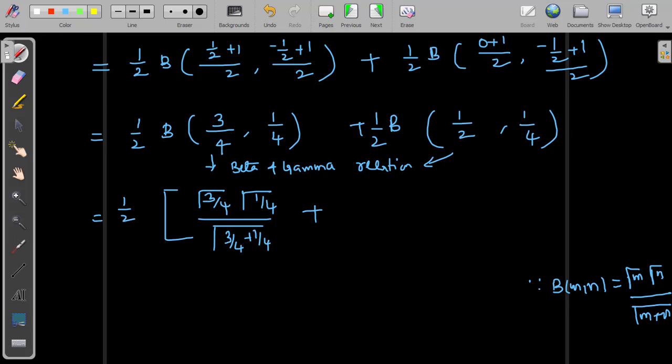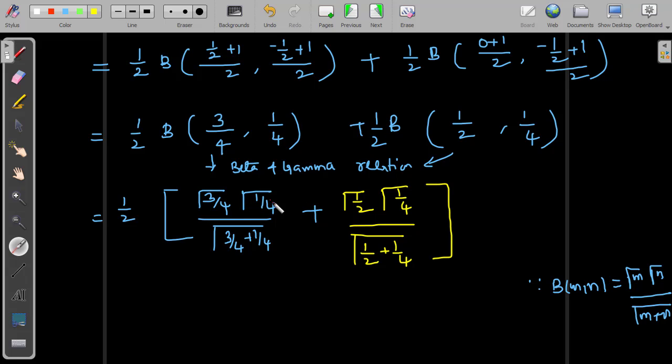This will give gamma half times gamma 1 by 4 divided by gamma of 1 by 2 plus 1 by 4. In the numerator, gamma 1 by 4 is common, so I write 1 by 2 times gamma 1 by 4 outside.